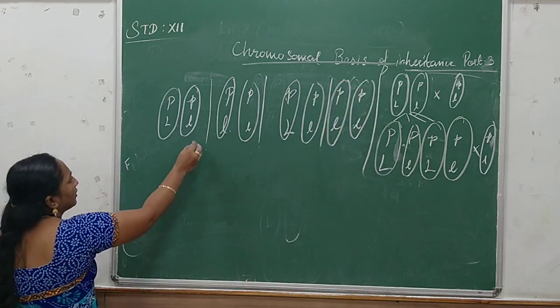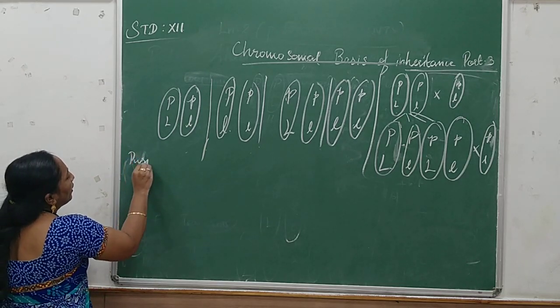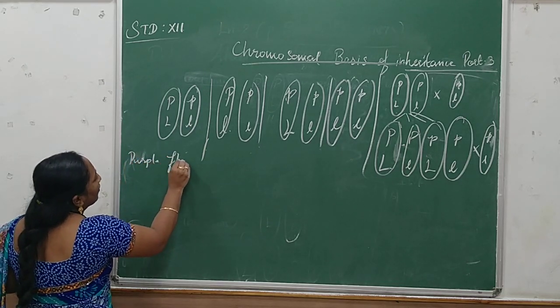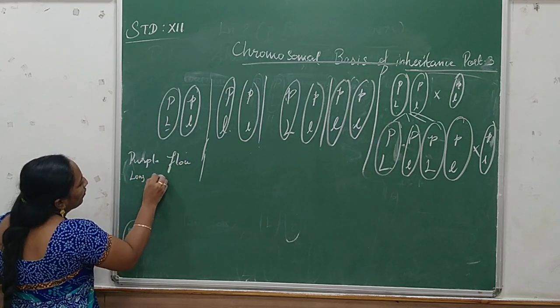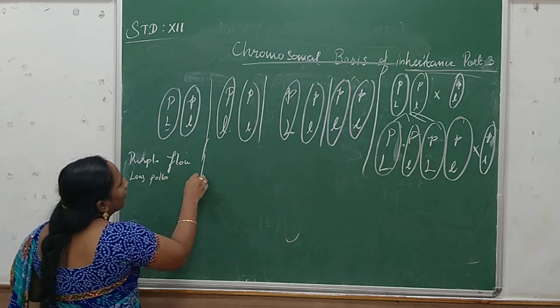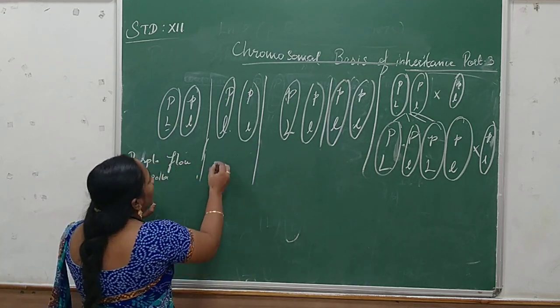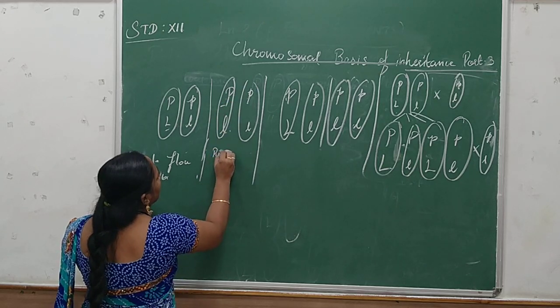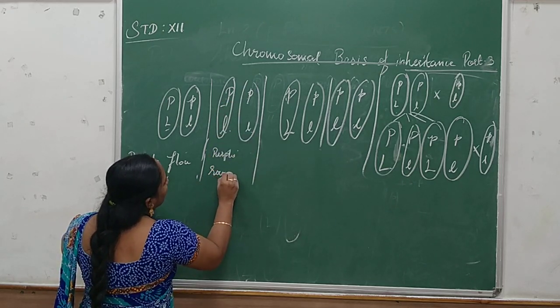So here this will be purple flower with dominant long pollen. Here this is a recombinant character: purple with round.